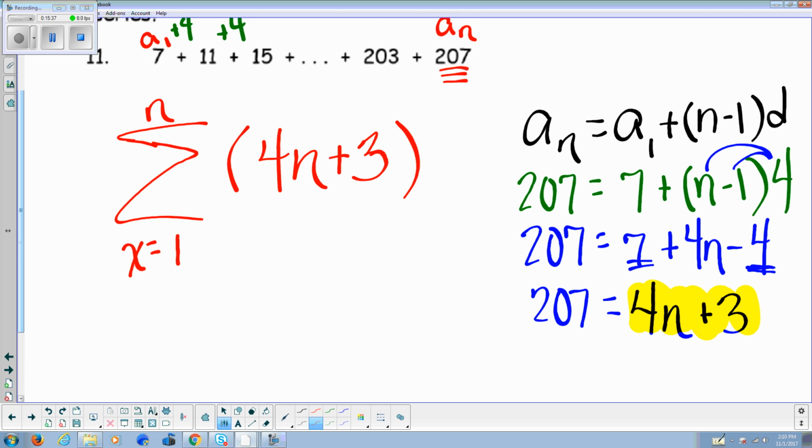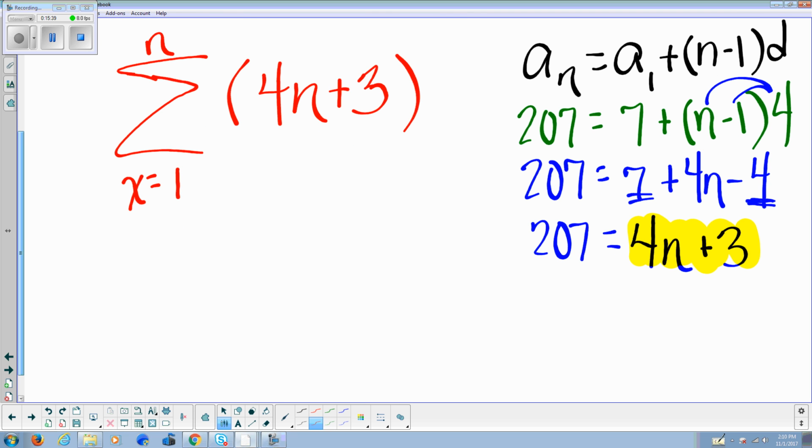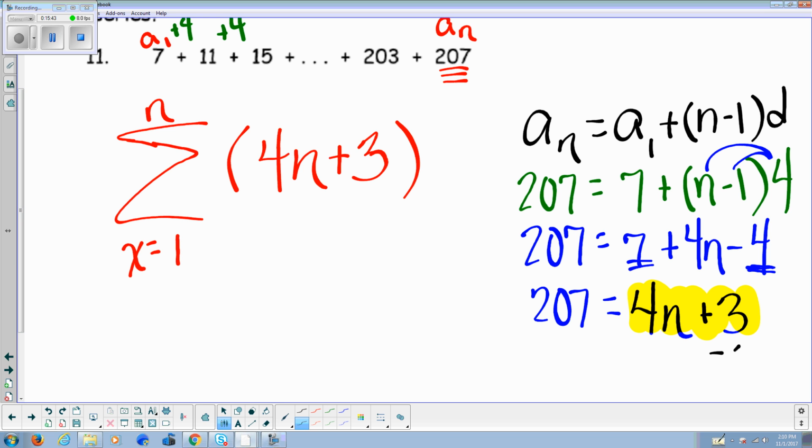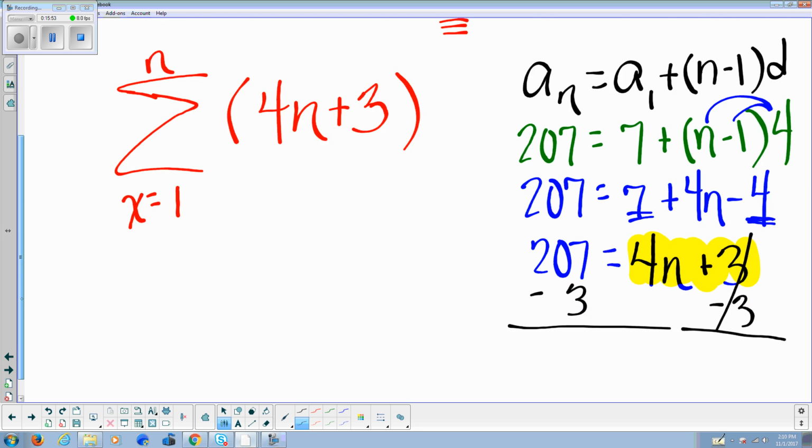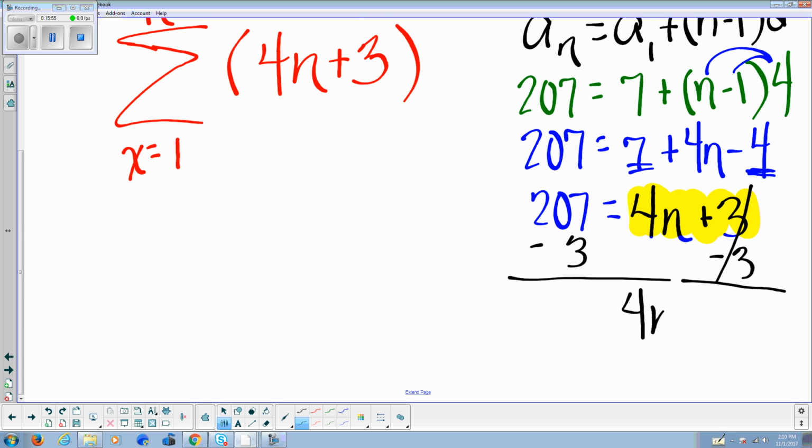And then to find out what n equals, I'm going to take this explicit formula equal to 207, and I'm just going to continue solving for n. So I'm subtracting 3 from both sides. I ended up with an extra line here. Subtract 3 from both sides, and that cancels. That leaves me with 4n is equal to 204.